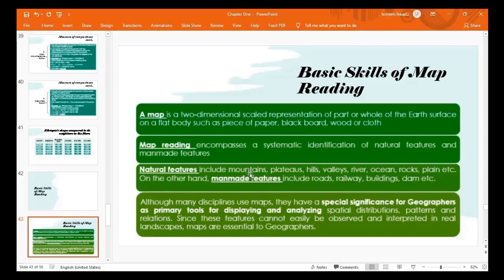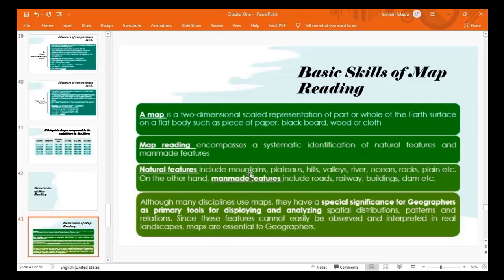On the other hand, the man-made features include roads, rails, buildings, dams, etc. All these are the artificial or man-made features which can be presented on a map. Although many disciplines use maps, they have special significance for geographers as a primary tool.